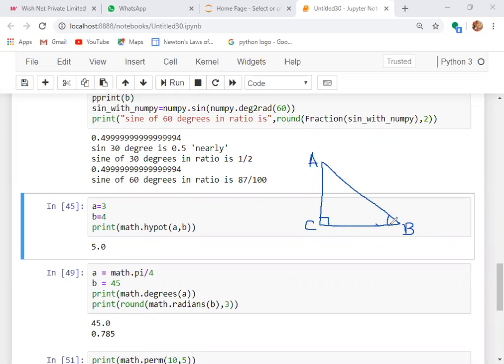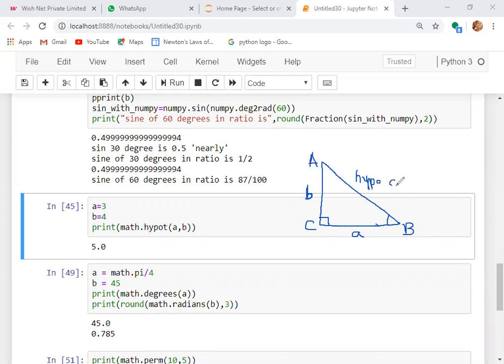So this is angle B, and the opposite side is denoted with the small letter of the vertex. So it is b, it is a, and this is the hypotenuse. Let it be hypotenuse, small c.